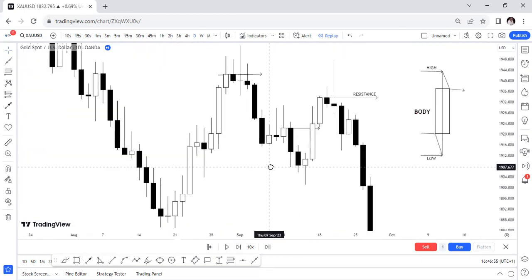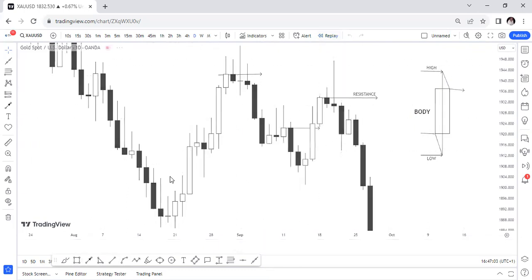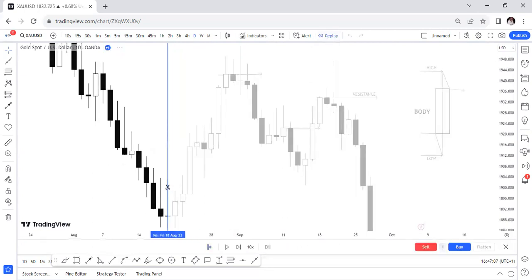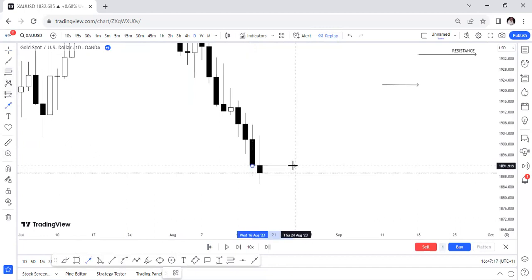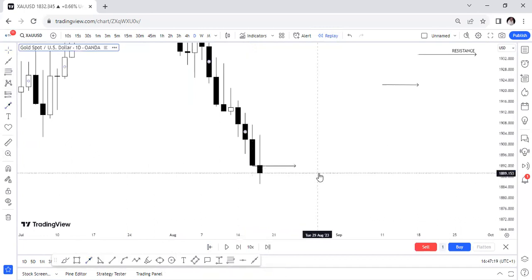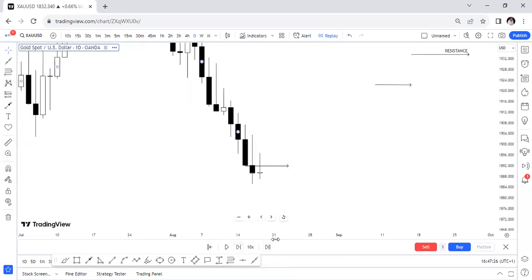For buy, this is a gap level, right? You have a gap level like this, and the next candlestick wicks it, you sell, right?